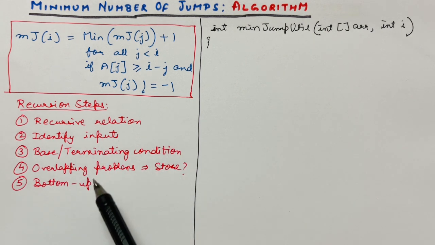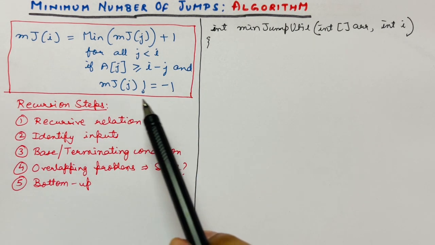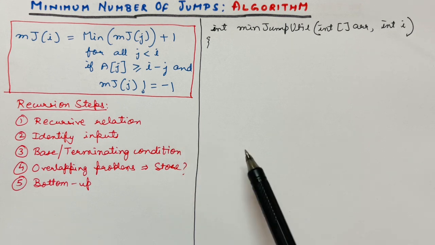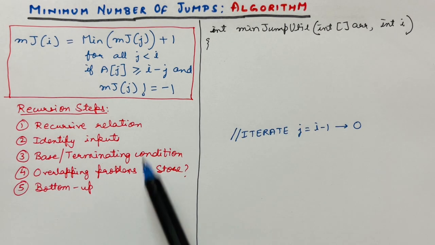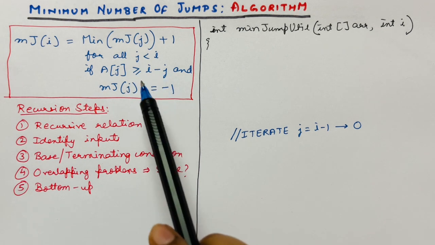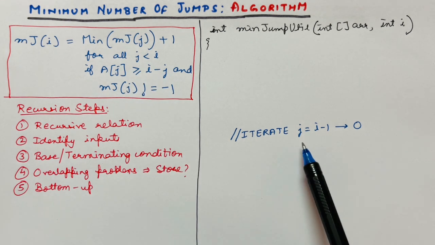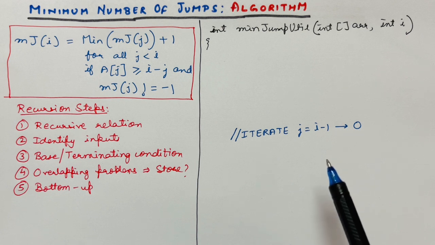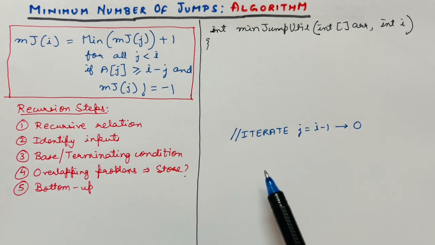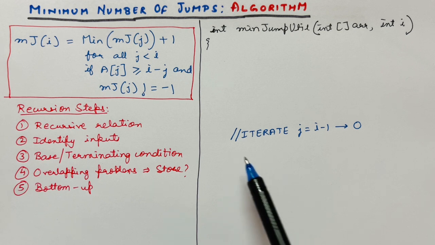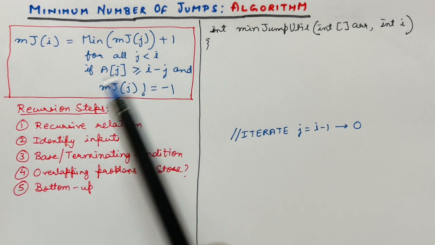Now, before moving to these steps, let us first convert this recursive relation into an algorithm and write it down. Since we have to see for all j which are less than i, we will have to iterate from i minus 1 till 0. Now in every iteration, we will be at a particular index j. For that particular index j, we will have to check these two conditions.